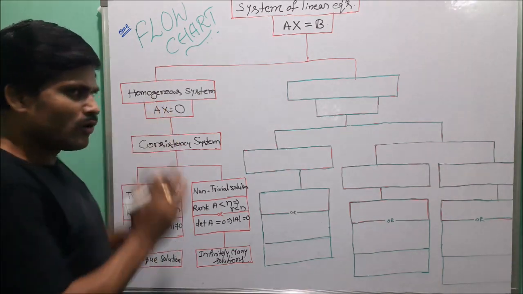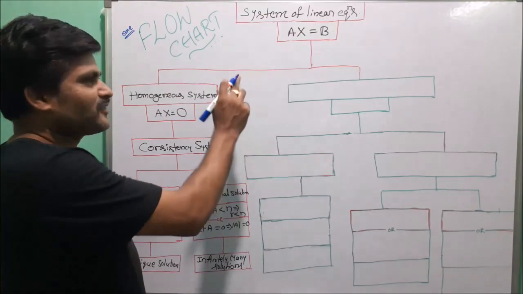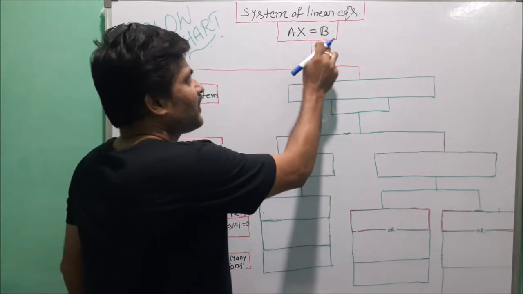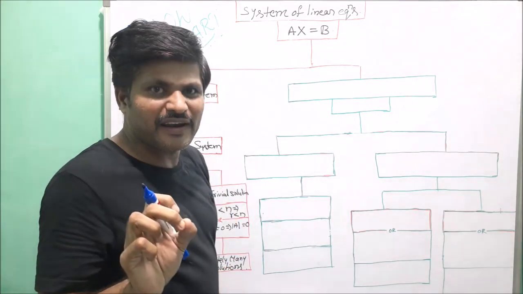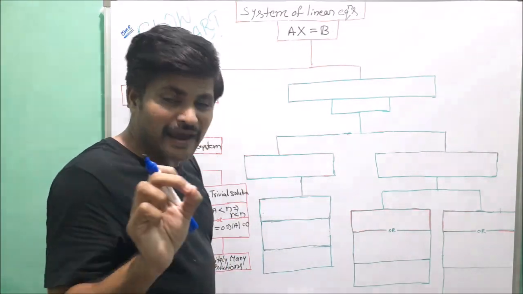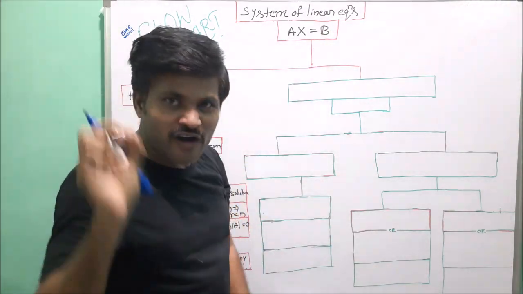So this is the homogeneous system and its solutions. The next one is Ax equals B. In this, the constant matrix is not equal to the null matrix or zero matrix. That means at least one element of the constant matrix is non-zero.